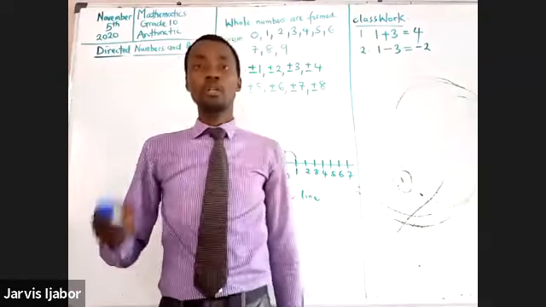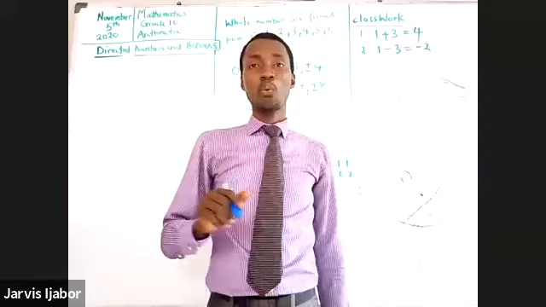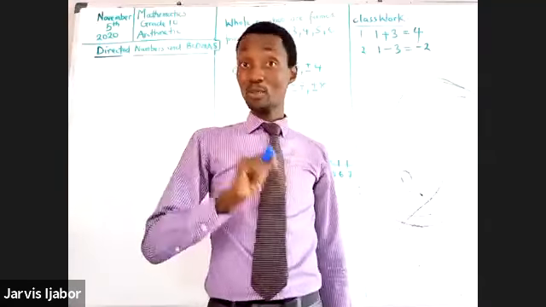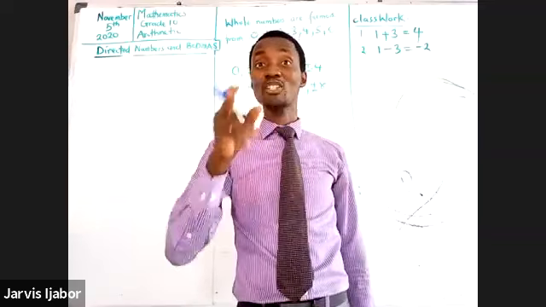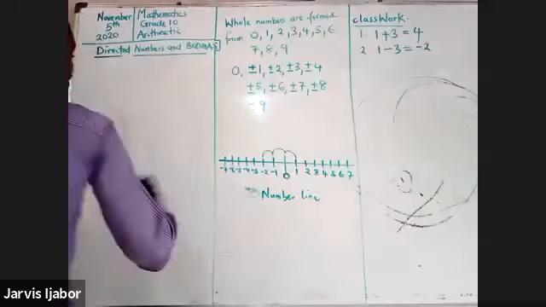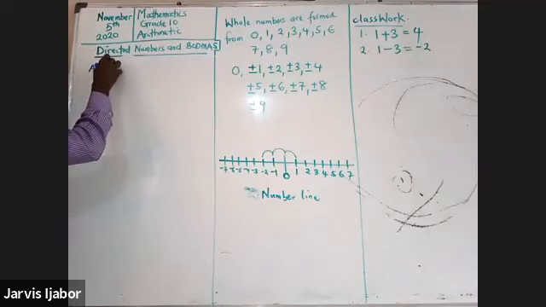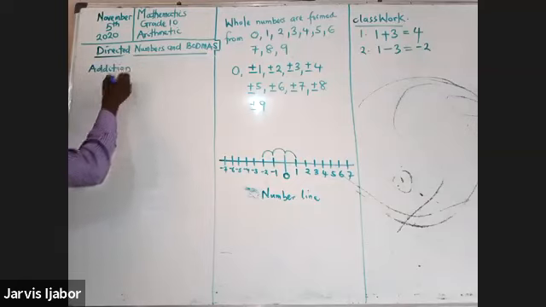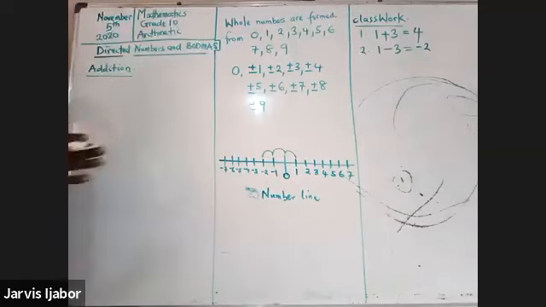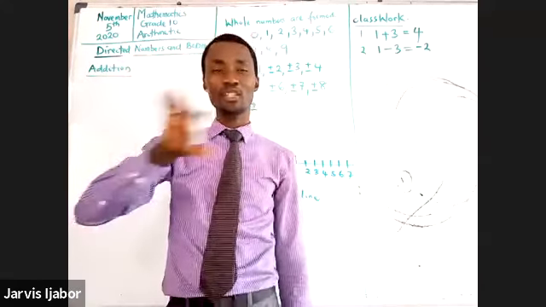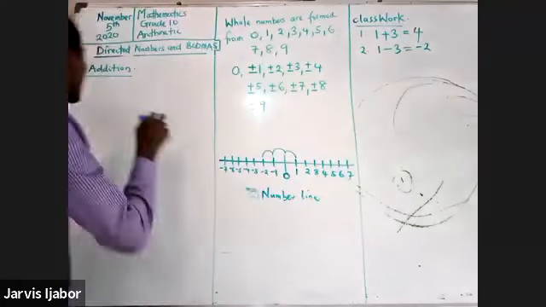Okay, so to kickstart our work, we will try to look at some golden rules when it comes to addition and subtraction and even multiplication. Let's start with addition. Remember, we're considering directed numbers as a model to look at certain general rules in maths.